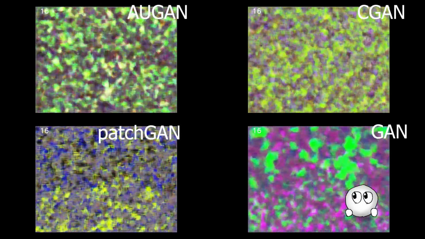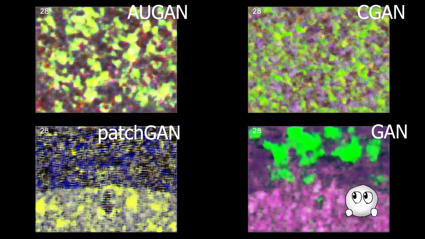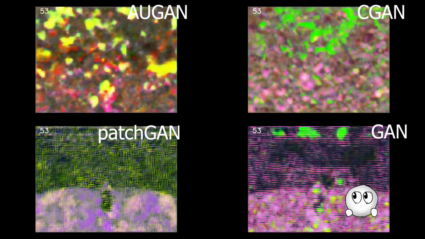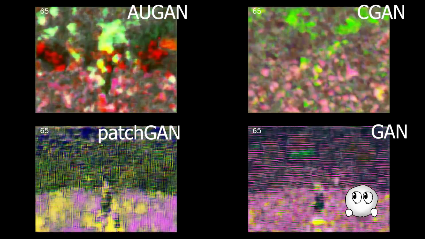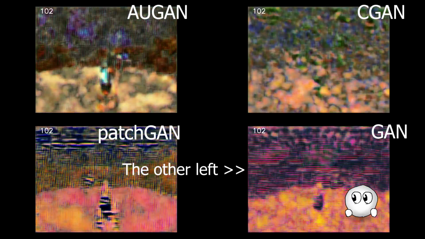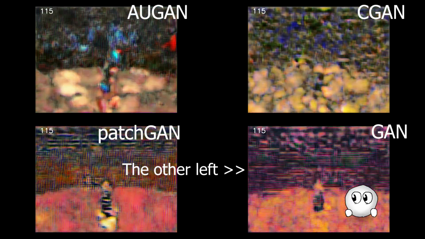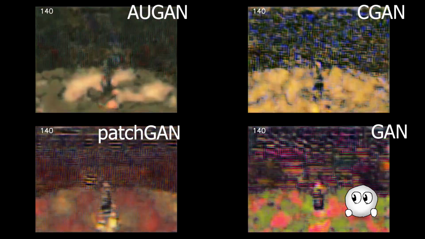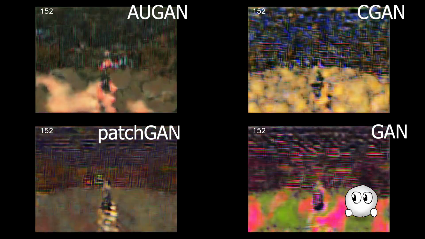I tried 4 different versions of a GAN because I wanted to see if it would improve the result, and maybe also which kind of strategies I could apply in order to use the GAN in the overall project. In the bottom left you see my base GAN model. I also added something like a patch GAN method, which I hoped would improve the quality of the result, which it actually kind of didn't.